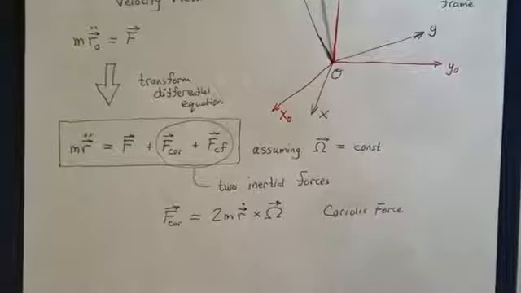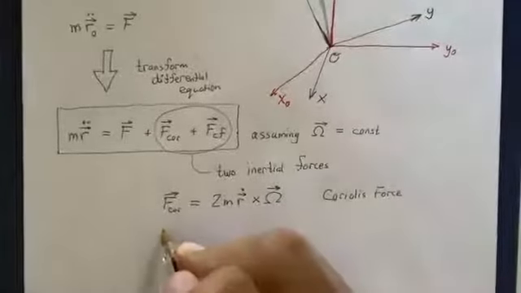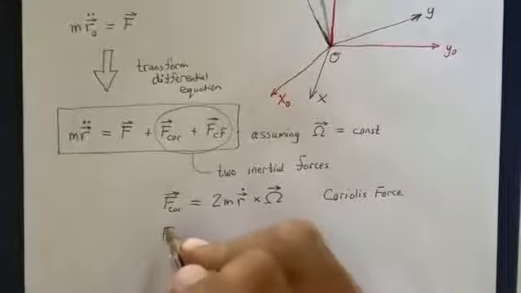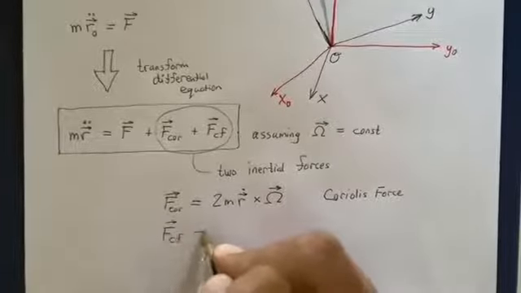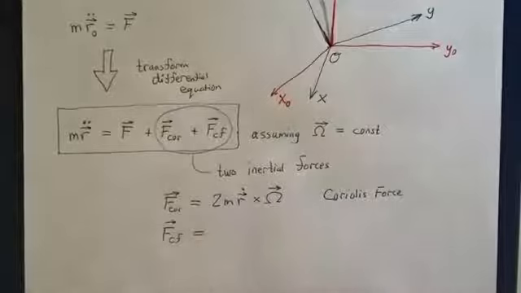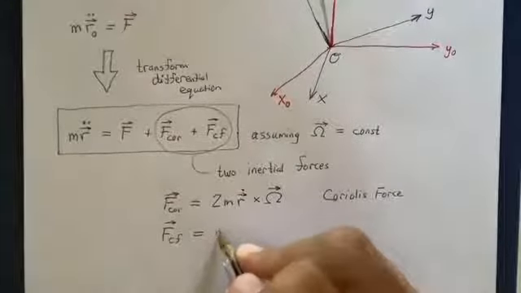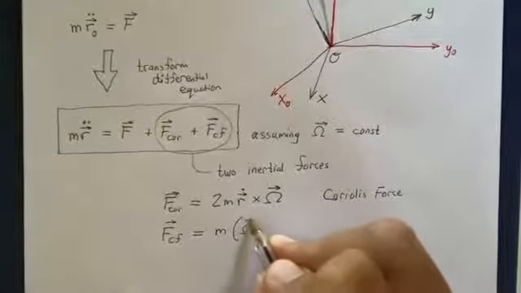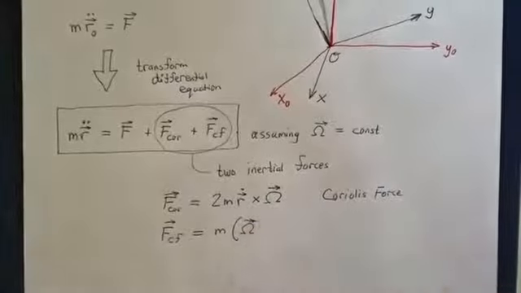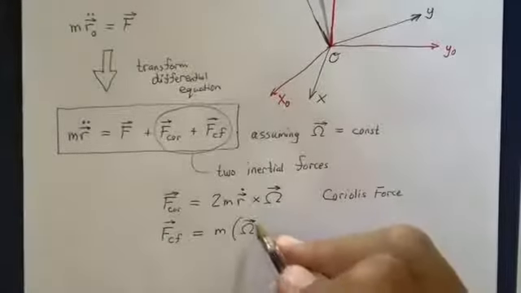Okay, and the centrifugal. Okay, there are several ways to write this. First, we have a wonderful vector triple product.